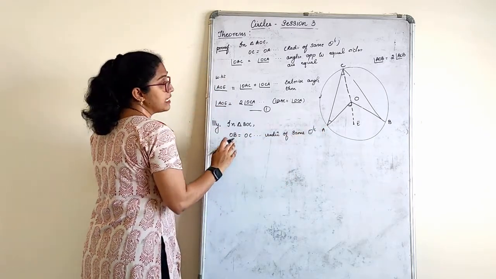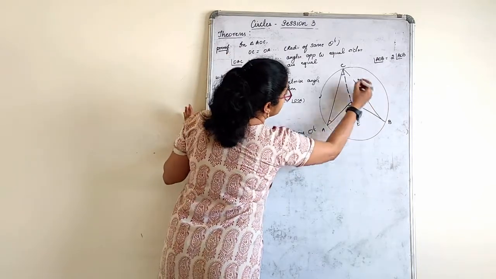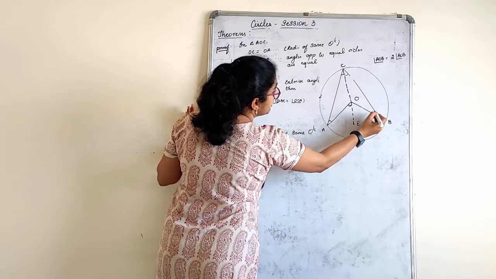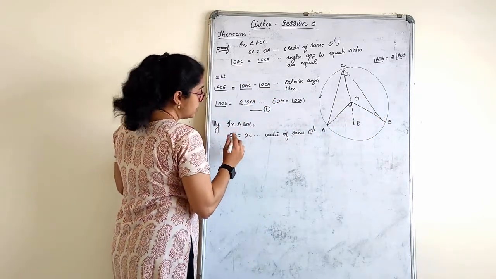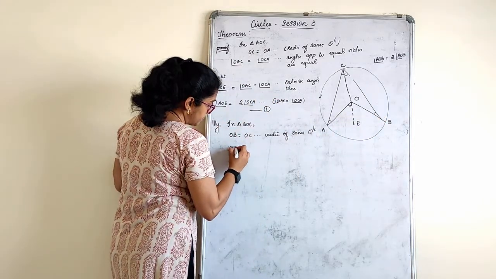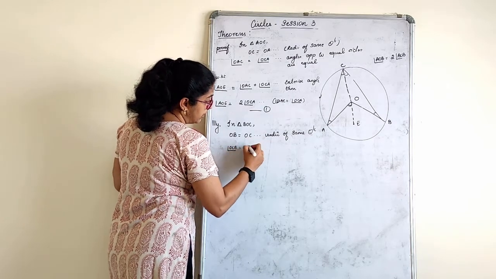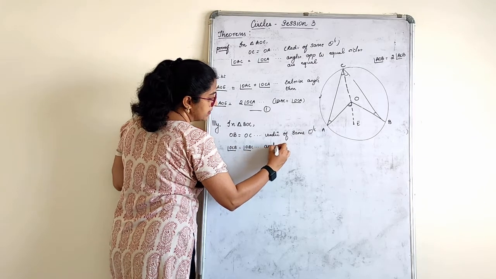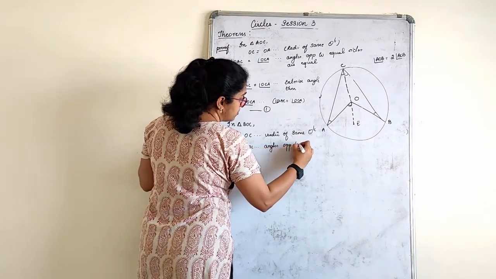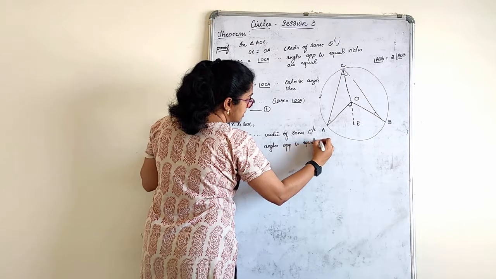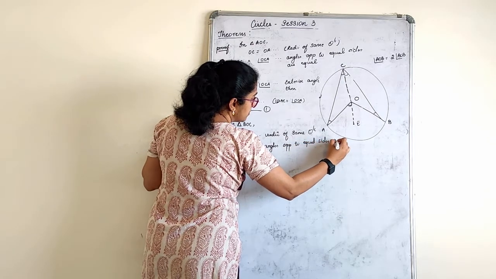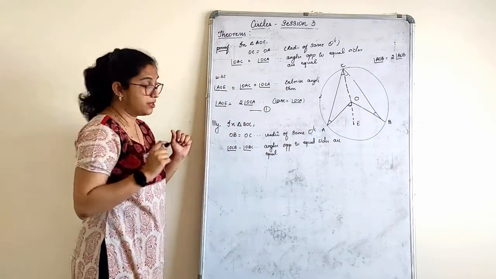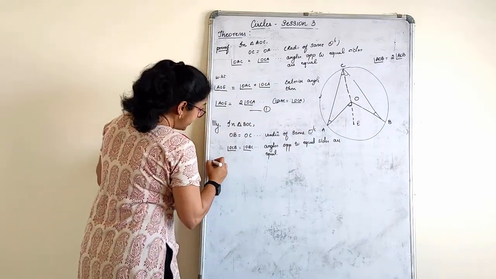If it is OB, it will be this angle, and if it is OC, it's going to be this angle. So angle OCB is equal to angle OBC. Reason, angles opposite to equal sides are equal. Keep this as it is.